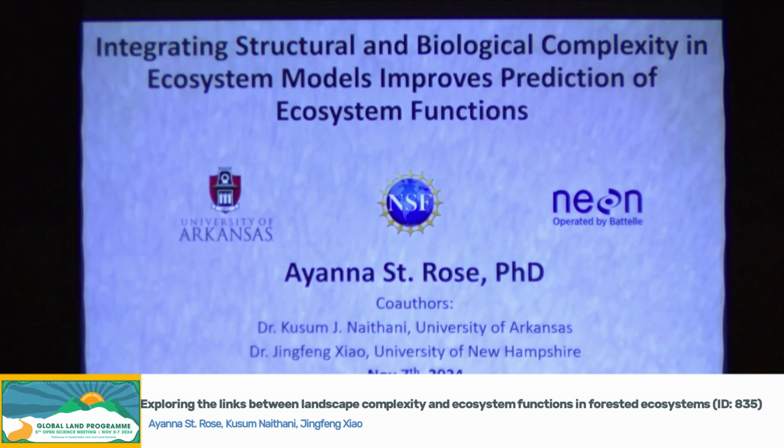So we'll be talking about integrating structural and biological complexity into ecosystem models to improve prediction of ecosystem functions. And when I say biological complexity, I'm talking about biodiversity, so Shannon diversity and richness. And for ecosystem functions, we'll be looking at ecosystem respiration and gross primary productivity.